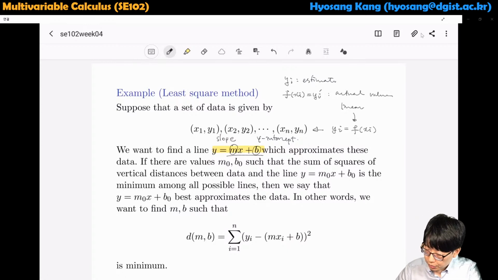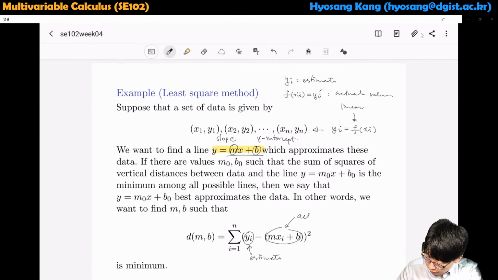The way we do it is that the difference between the estimate and the actual value has the least square sum. So we have a subtraction between two values and then take the square.